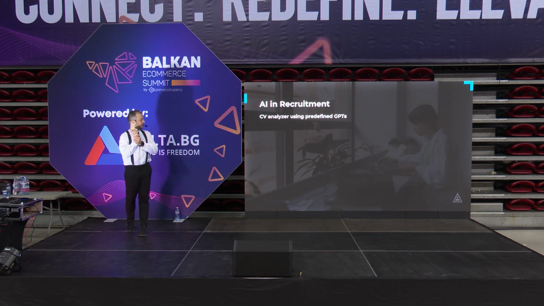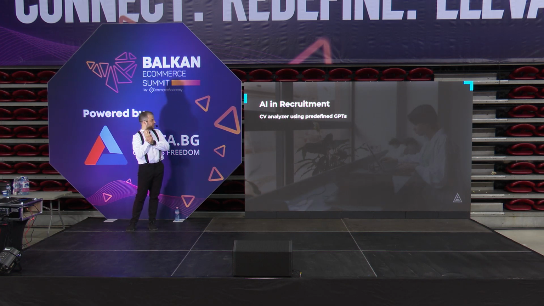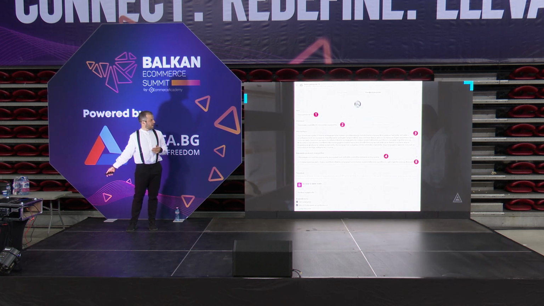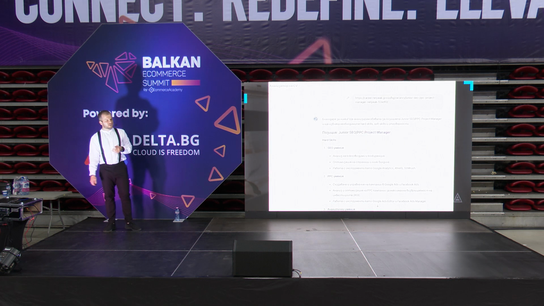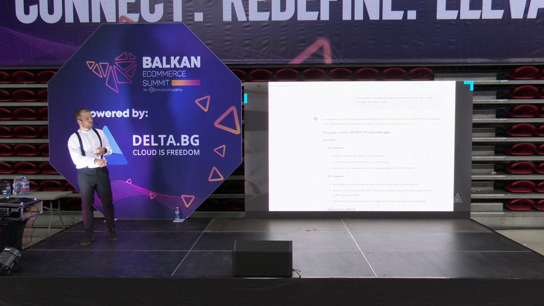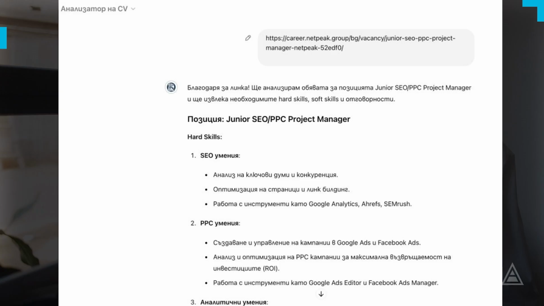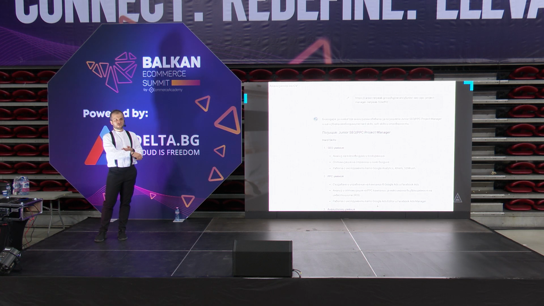What do we do in recruitment, for example, if we have a lot of CVs to analyze in our HR processes? How are we going to deal with that? We just built one GPT agent. We send the hyperlink to the job title that we're looking for, and check how ChatGPT understands this job title.